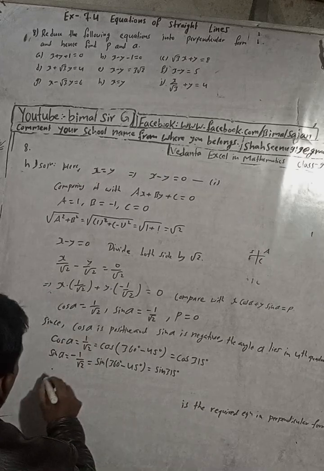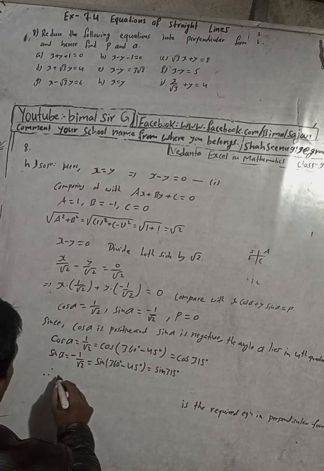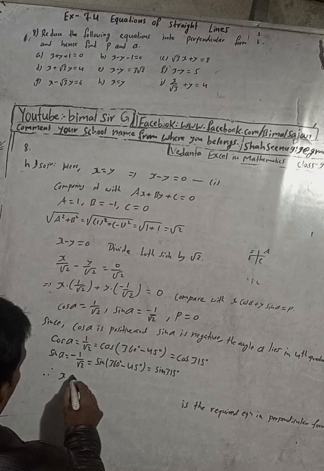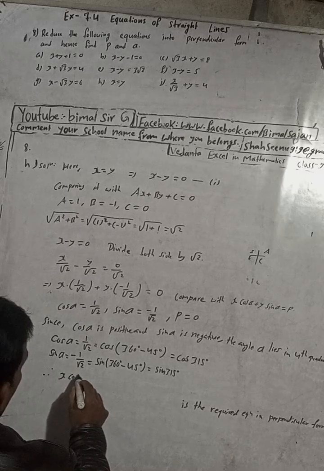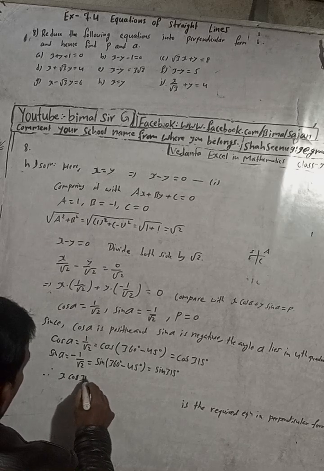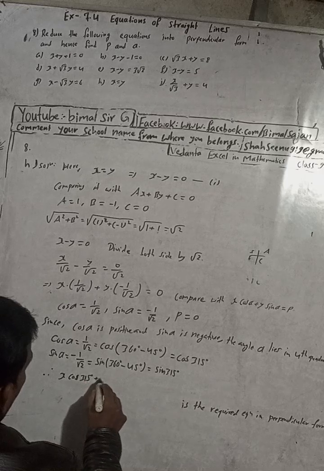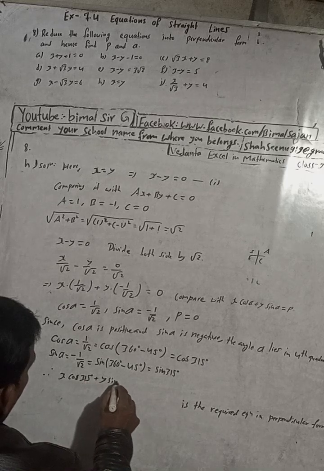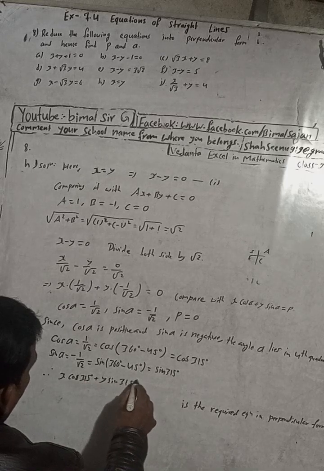Therefore this equation can be written as x cos 315 degree plus y sin 315 degree is equal to 0.